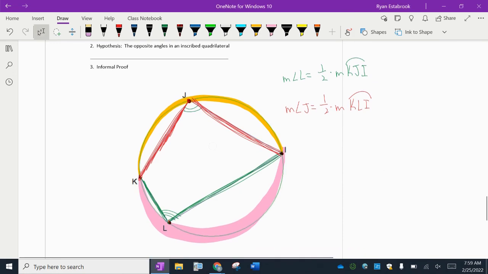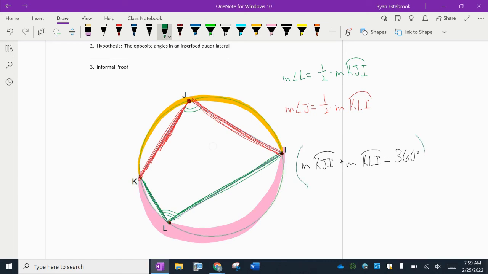So the measure of arc angle KJI plus the measurement of arc angle KLI, the orange plus the pink, has to give us a total of 360 degrees. It's the entire circle. Nice equation, true equation. We know there's 360 degrees in a circle.